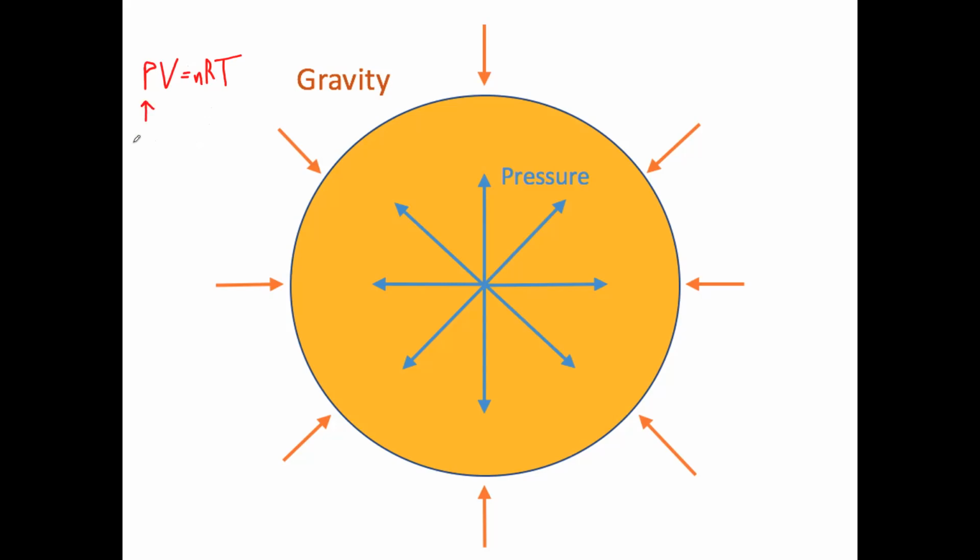the P in this equation stands for pressure. V stands for volume. T stands for temperature. R is a constant.